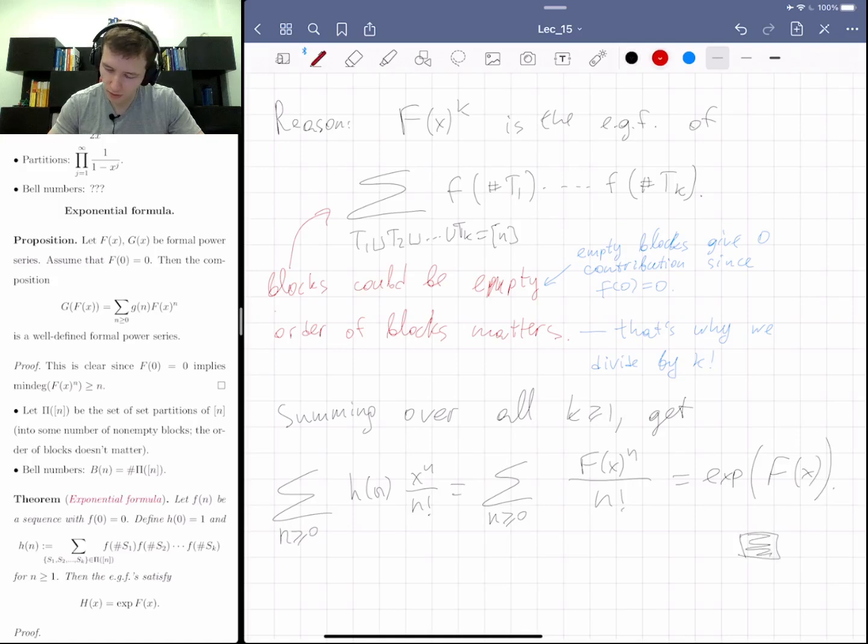This is by definition of composition of two formal power series.